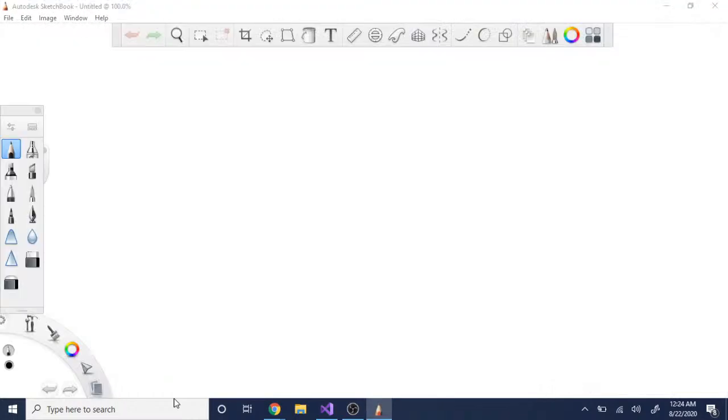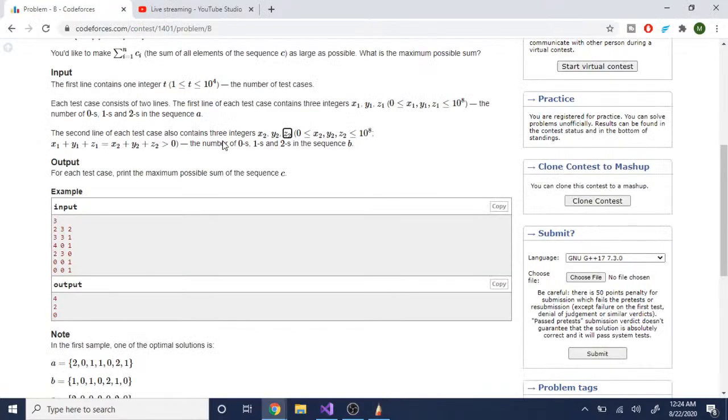So our A, I hope you guys can see this. No, you guys can't see that. Okay, so our A currently has 2 zeros, 3 1s, 2 2s, right?